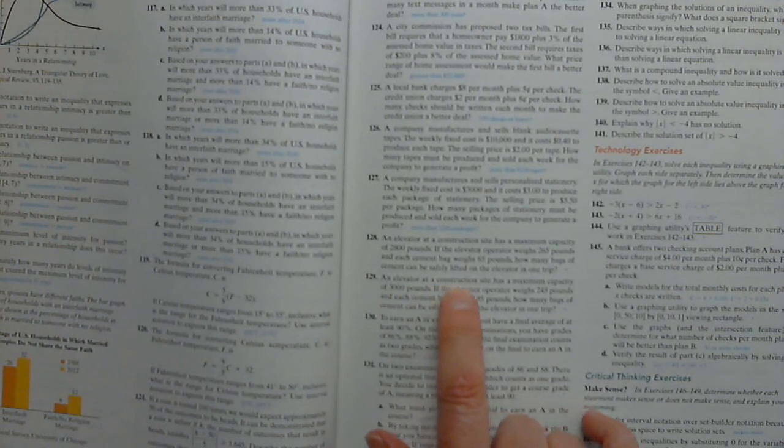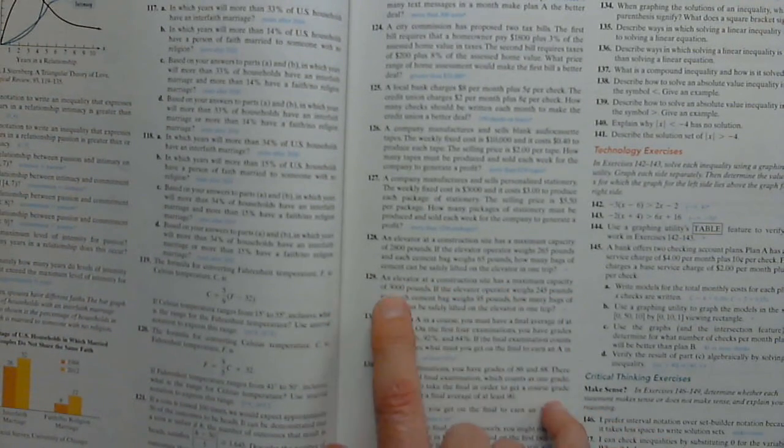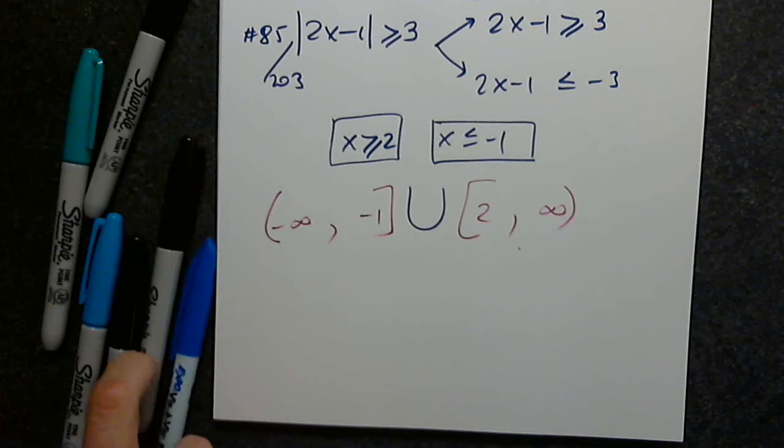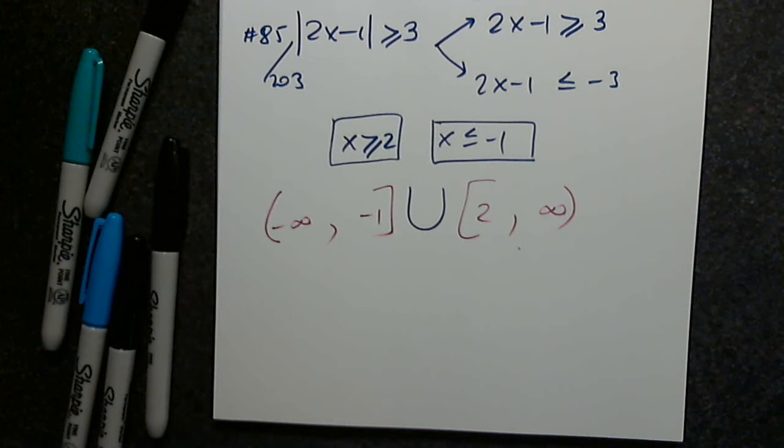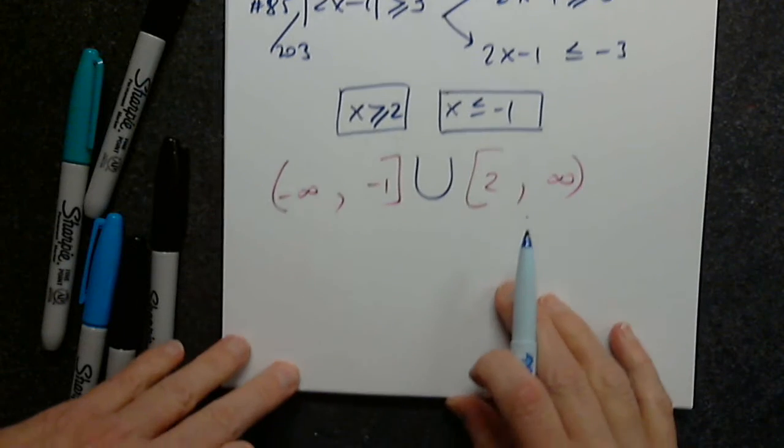An elevator at the construction site has a maximum capacity of 3,000 pounds. When I read something like this, this is what goes to my mind immediately.